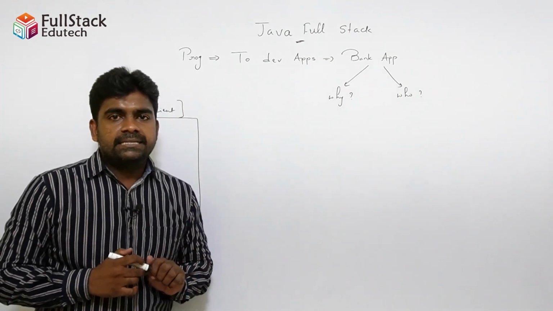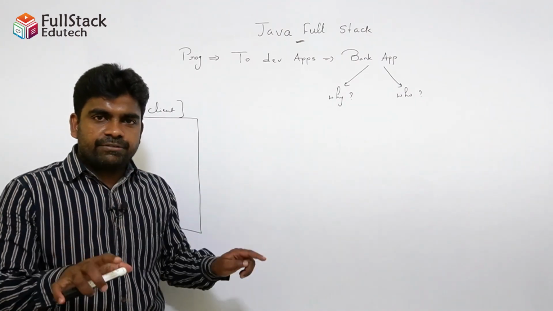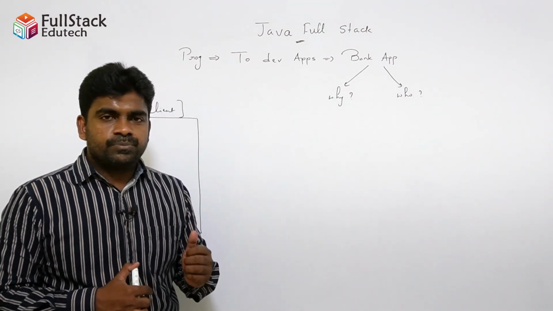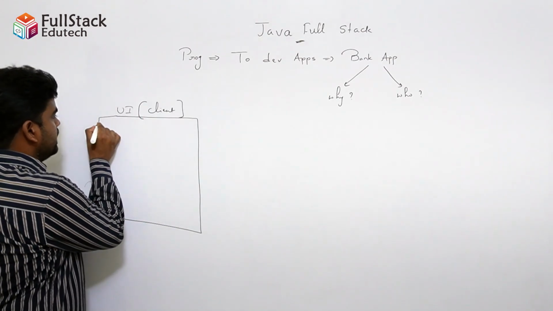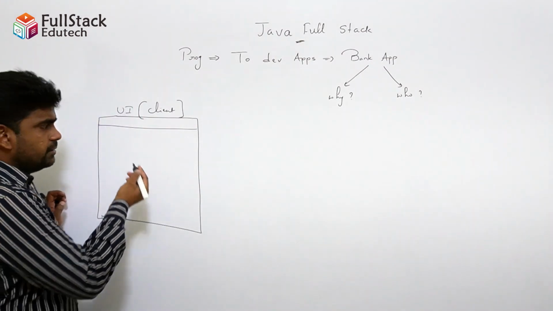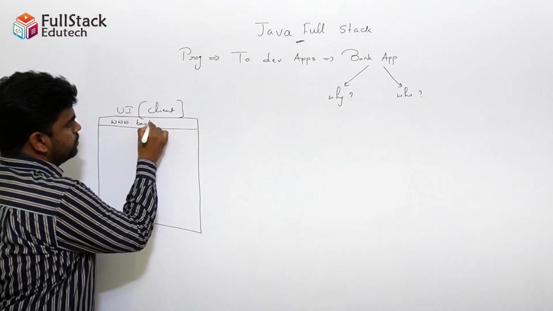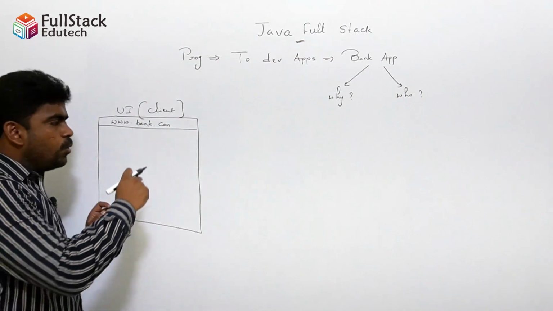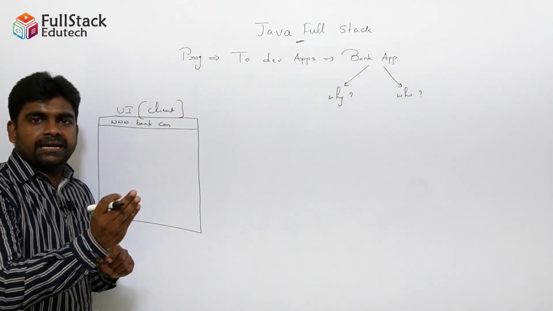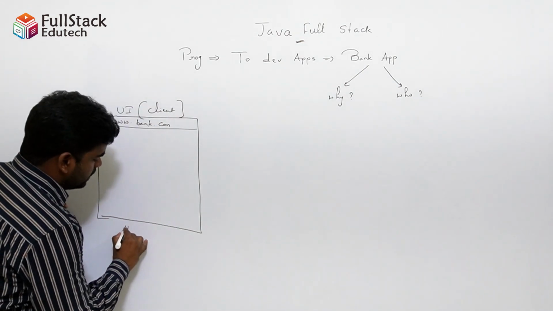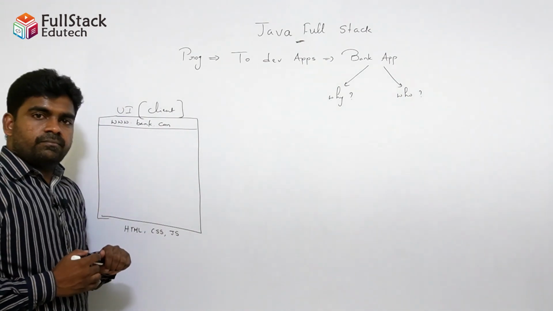Whenever they open the application, that user interface will be opened. Who will develop it? A programmer will develop it. Whenever they open it, it is just a URL, like www.soandsobank.com. How can we develop this user interface? Using the UI technologies, client-side development: HTML, CSS and JavaScript.